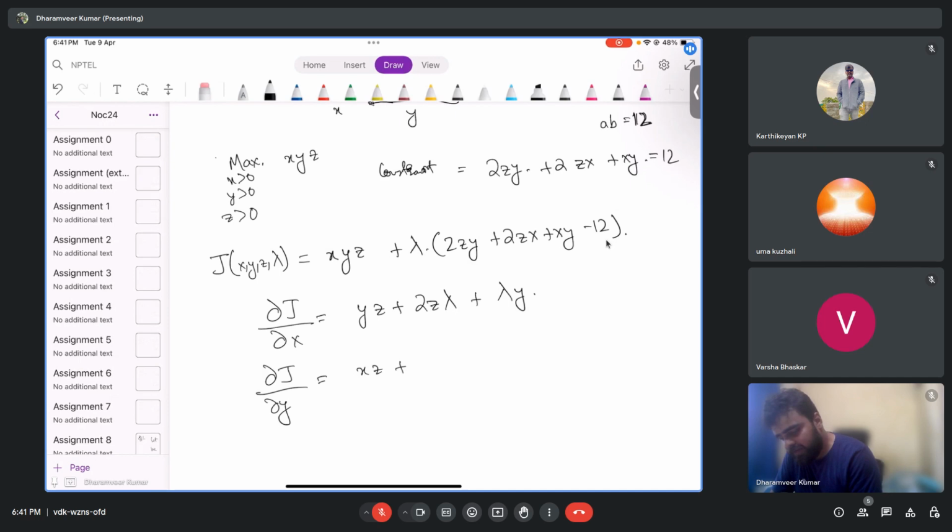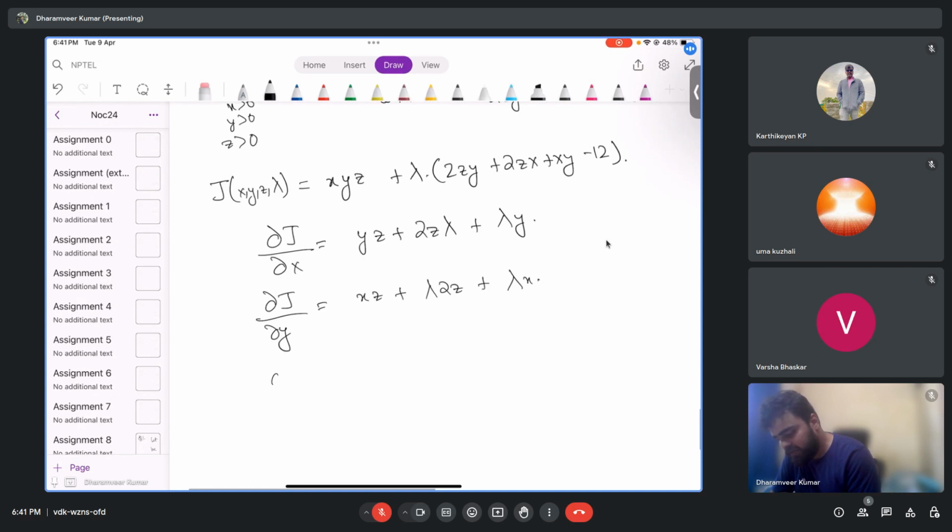With y, lambda 2z plus lambda x. ∂J/∂z is equal to xy plus 2 lambda y plus 2 lambda x, and all are 0.